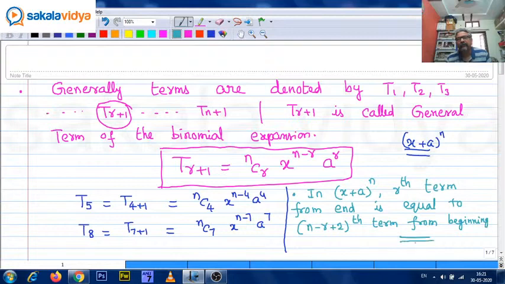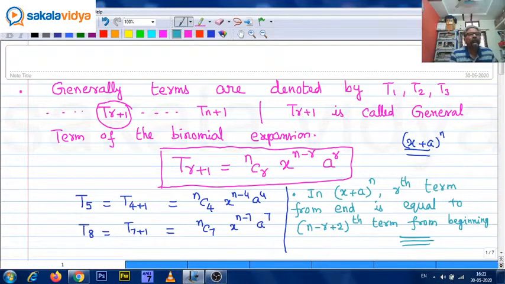This is a very important point to remember. Sometimes you may be asked to find the 8th term from the end, 9th term from the end, like that. Whenever you are asked, you need to refer to this concept.